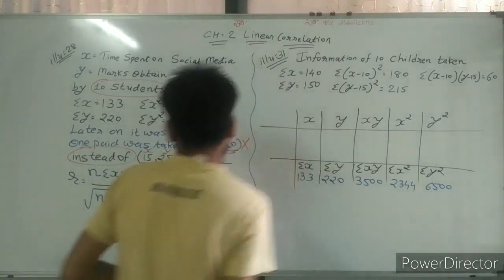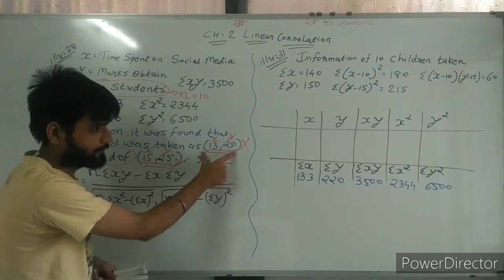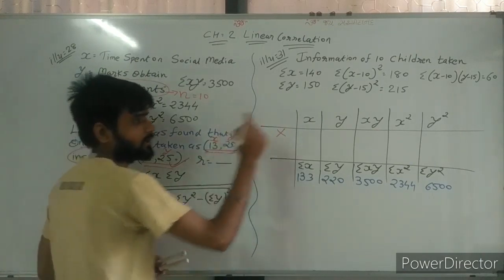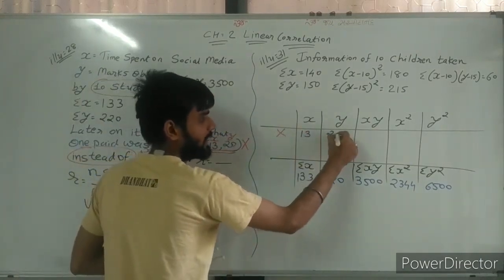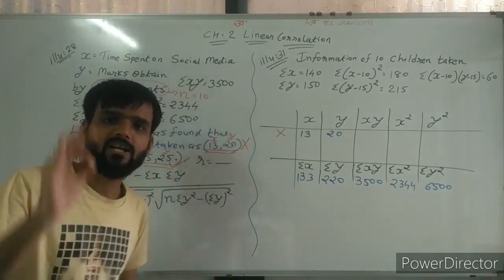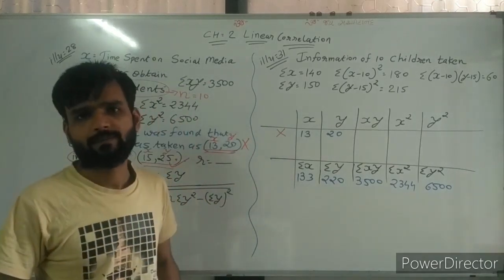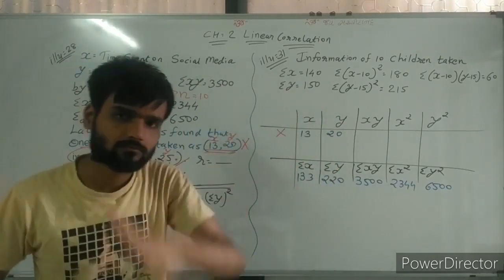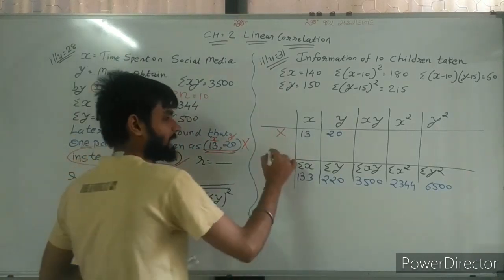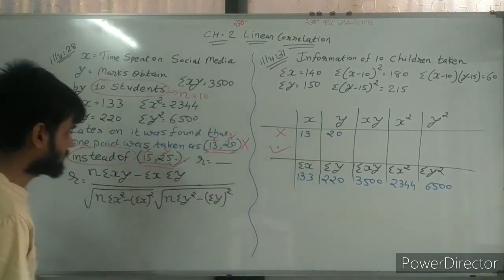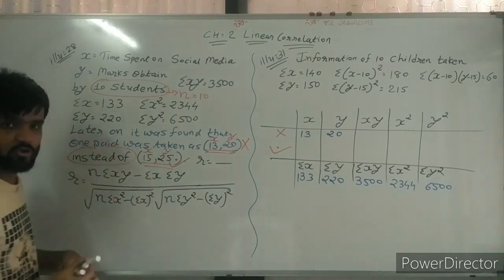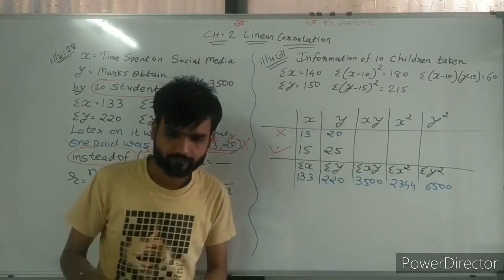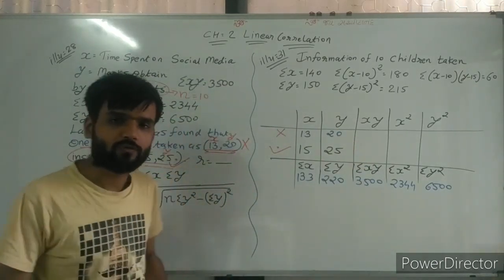Because in them the wrong pair is taken. So here I am writing the wrong pair: 13 and 20. This is taken here, that's why all these values are wrong. Now which is the correct pair? This is the correct pair: 15 and 25. So write here 15 and 25.